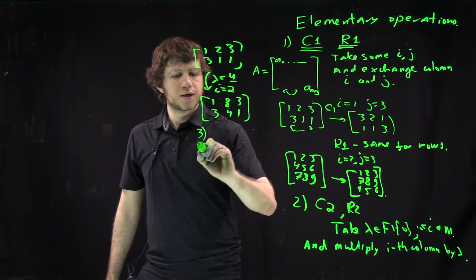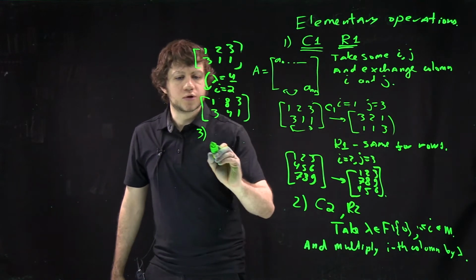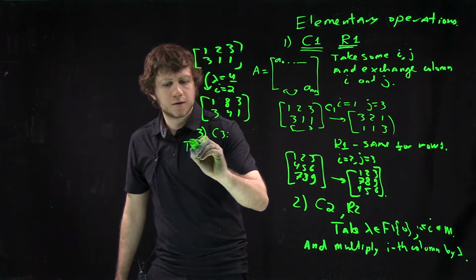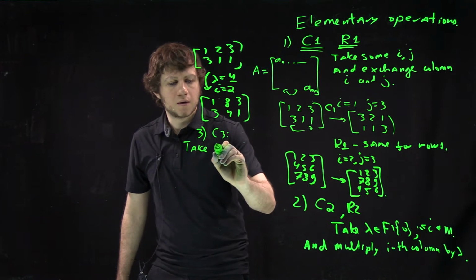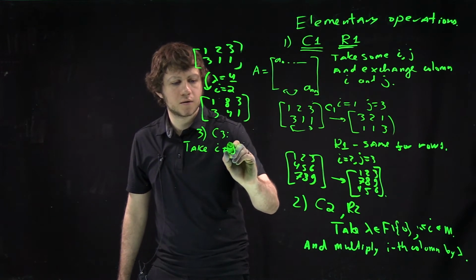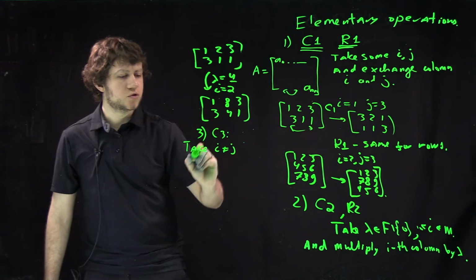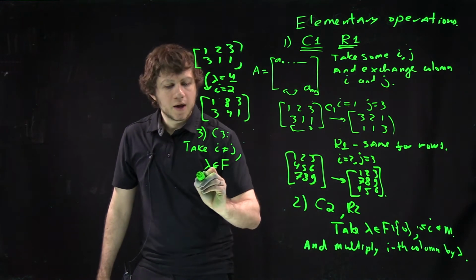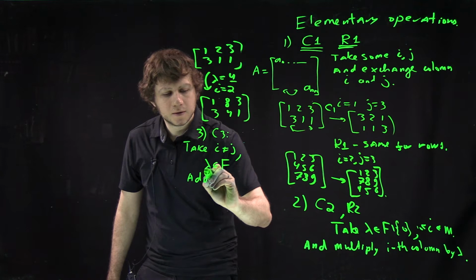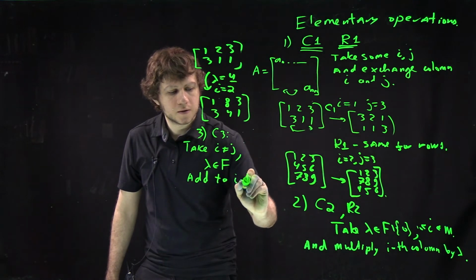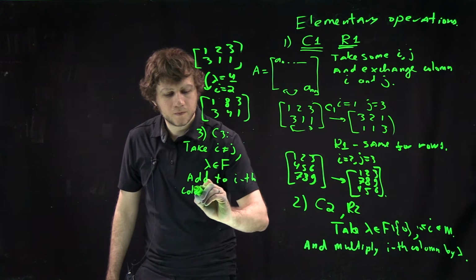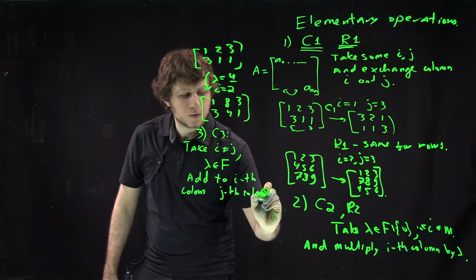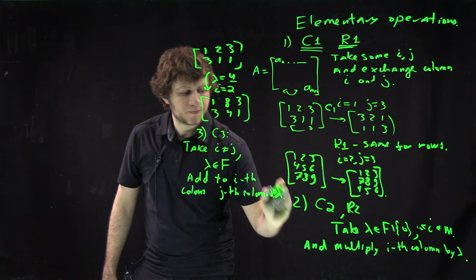And the third one is slightly more complicated and the most important one. So let me explain what C3 is. Take I not equal to J from 1 to m, the number of columns, and lambda inside F. Now it can be even 0. Add to the ith column the jth column times lambda.